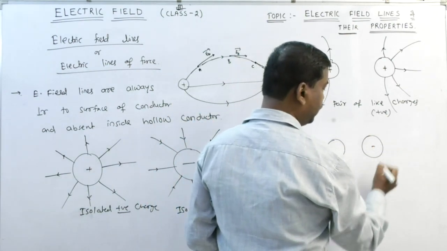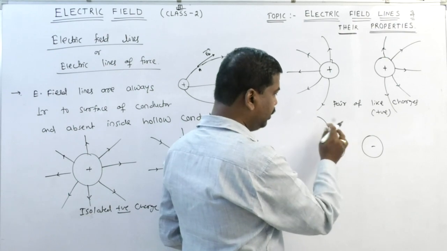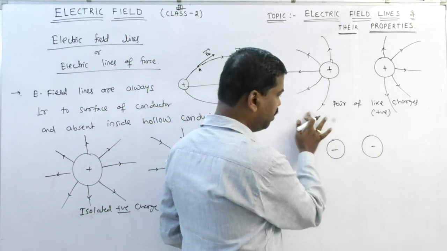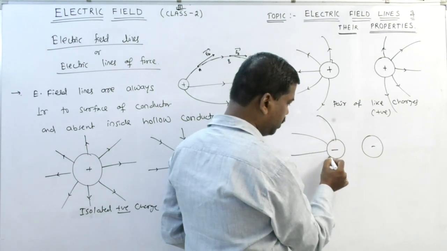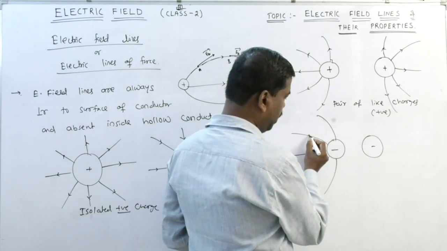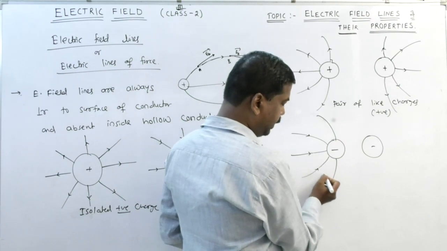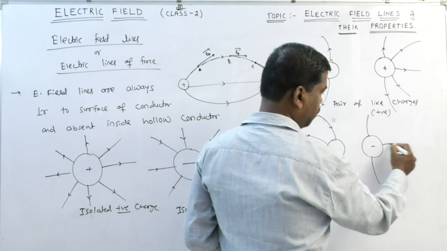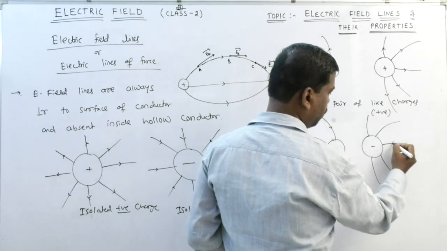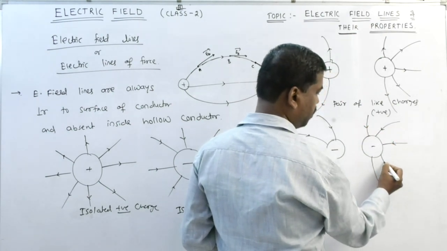This is also a negative charge, this is also a negative charge. Electric lines of force are perpendicular to the surface of the conductor and move towards the negative charges.